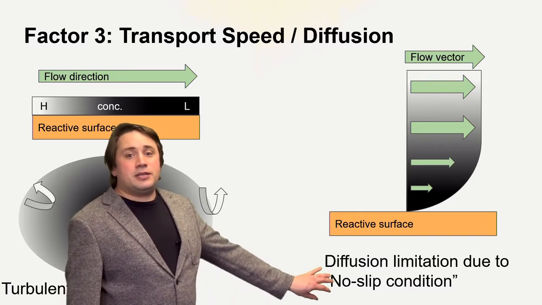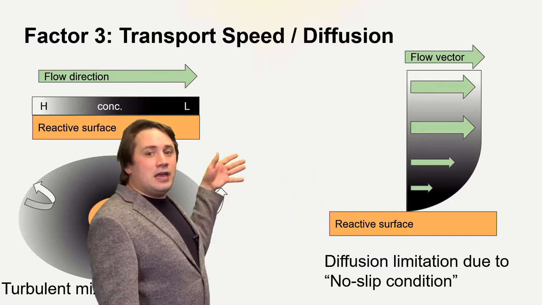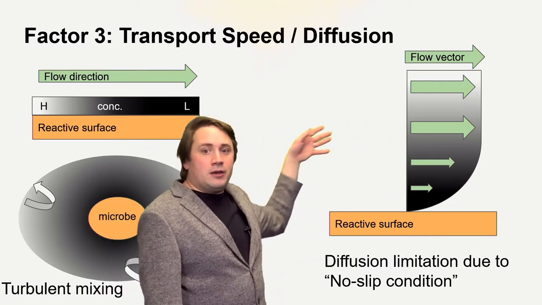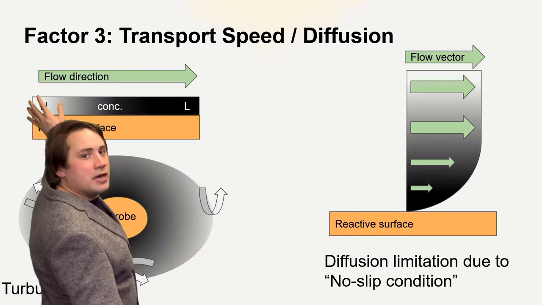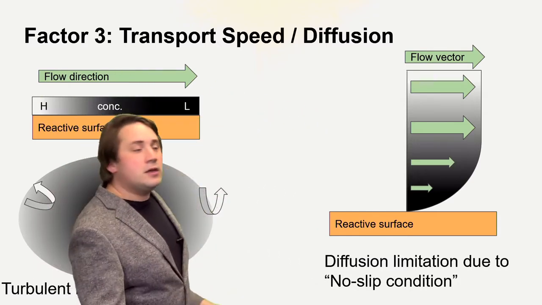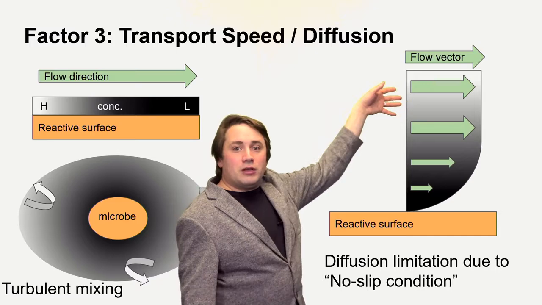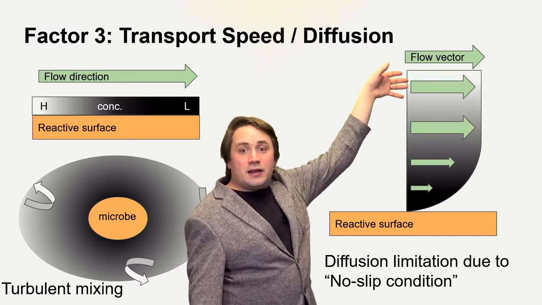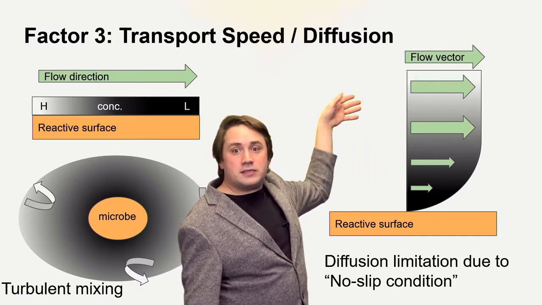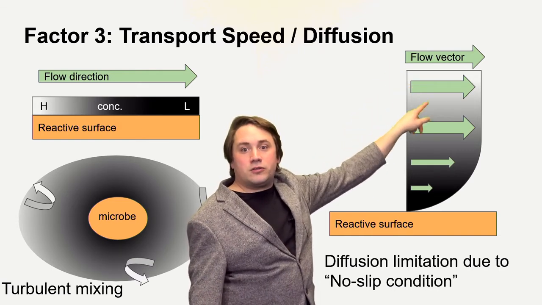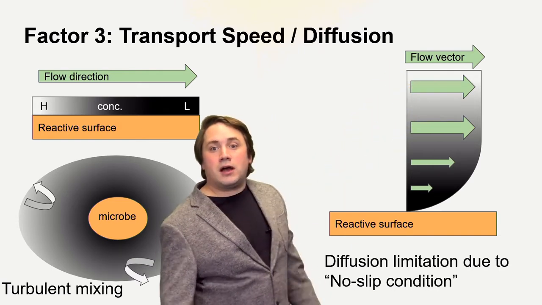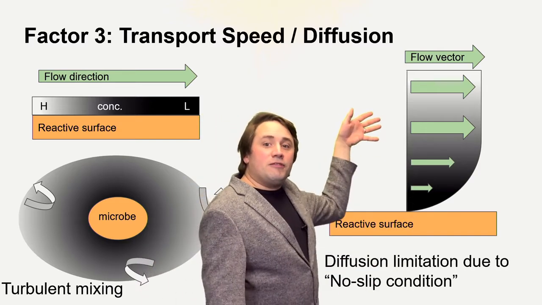And the no-slip condition says that even if you have advective transport of some aqueous solution across a surface, so like just in this example we had advective transport, even if that's moving at a relatively fast velocity a little bit of a distance away from the surface, so you have these arrows now represent flow vectors, so the larger arrows represent larger speeds of flow.